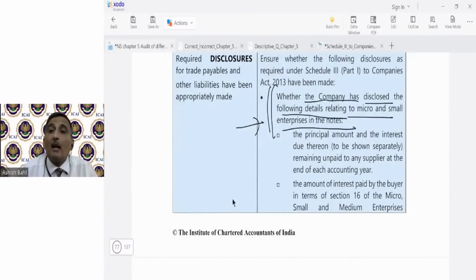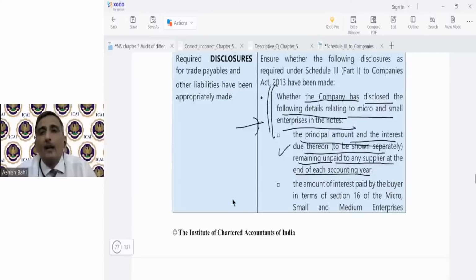The principal amount and the interest due thereon remaining unpaid to any supplier at the end of each accounting year. So if there is any creditor which is a micro and small enterprise, then what is the principal amount and interest due thereon.